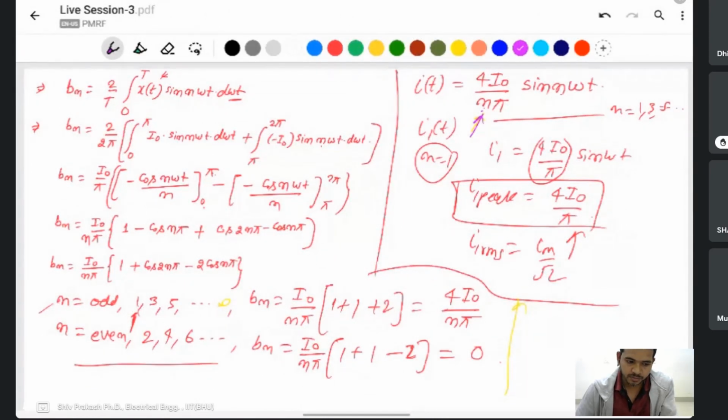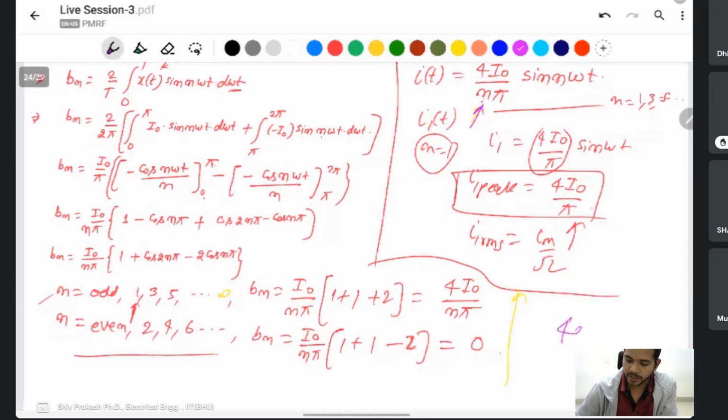So how to find out the harmonic loss from this analysis? THD is there, no? You can find the THD. This one gives 48% for single phase. In 3 phase, there is 31% for a full bridge rectifier.